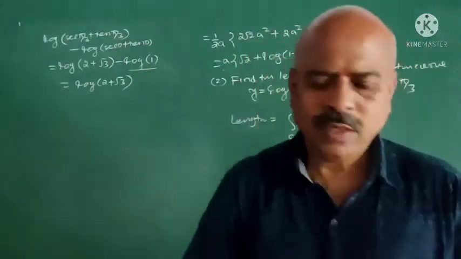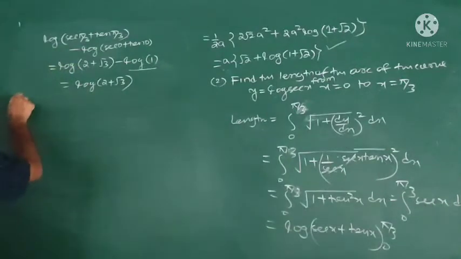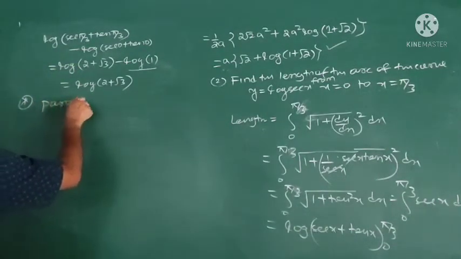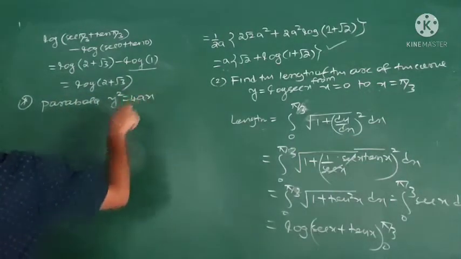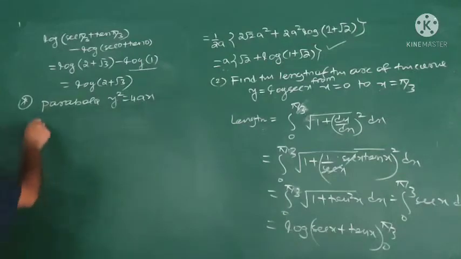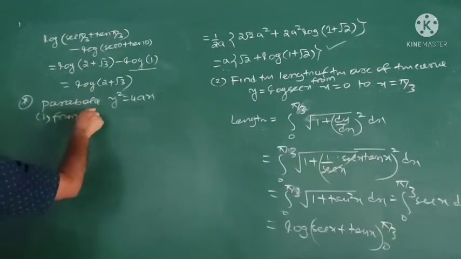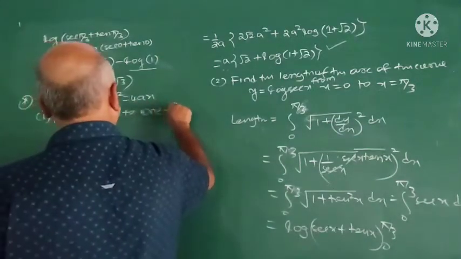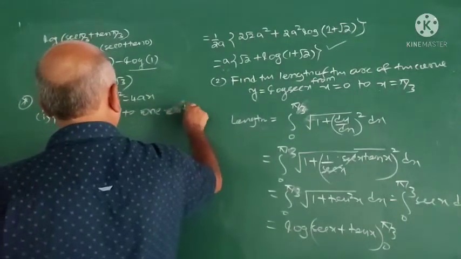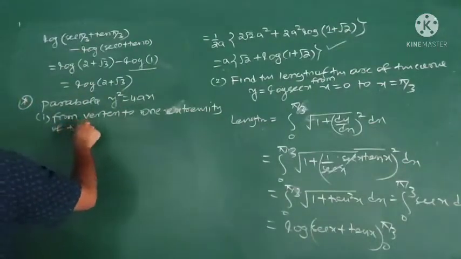Next is find the length of the arc of the parabola. Take this. Find the length of the arc of the parabola y square is equal to 4ax. First one, from vertex to one extremity of the latus rectum.